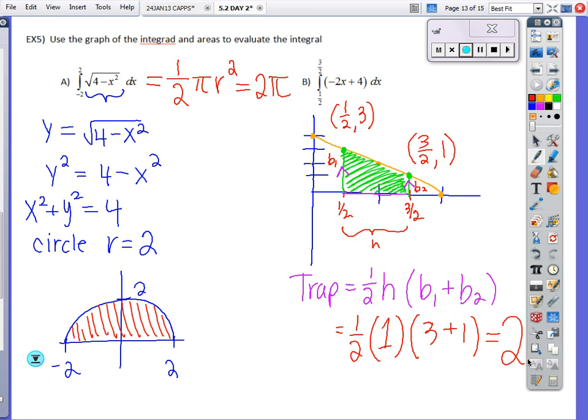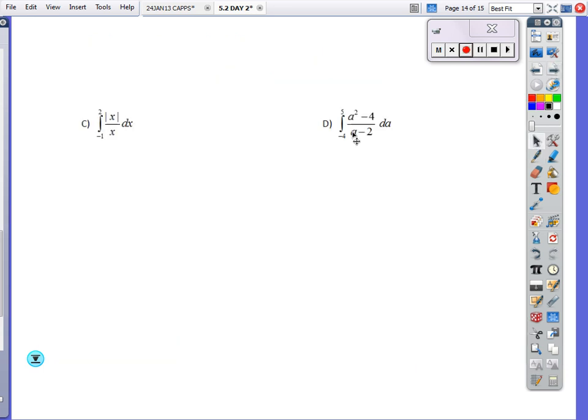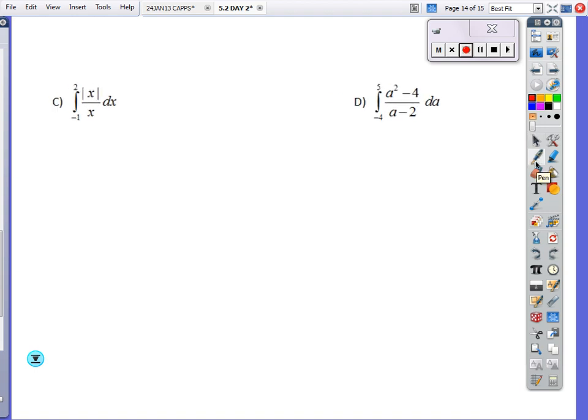All right, there's 2 others that I have with absolute values, because I wanted you to see absolute values. And I also wanted you to see something with a discontinuity. So, absolute value of x over x. If you know what that graph looks like, go ahead and graph it.